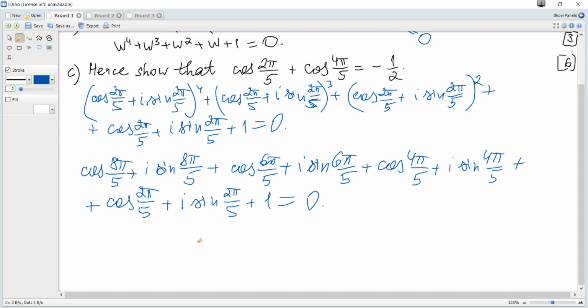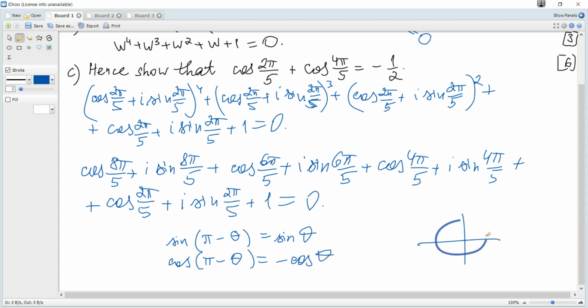Also, we know that sine of pi minus theta is the same as sine theta, and cosine of pi minus theta is minus cosine theta. It's from the unit circle. For example, sine of 30 is the same as sine of 150, and cosine of 30 is the same as minus cosine of 150.